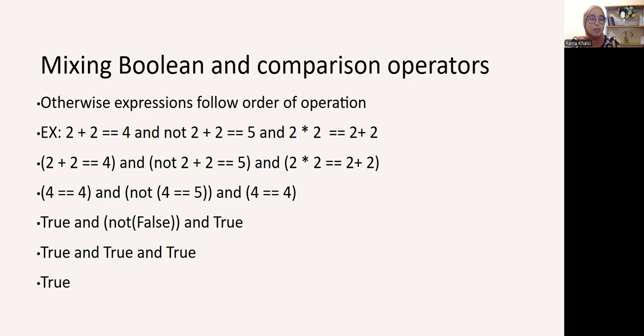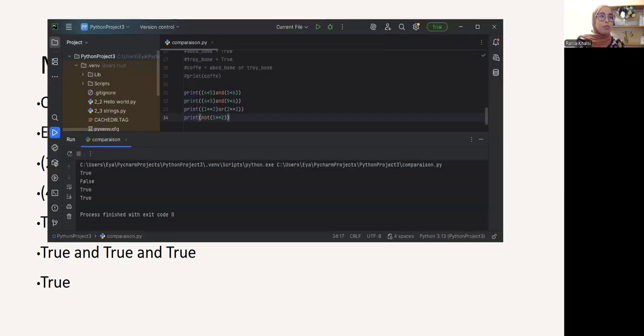I have this example if you want; we can try to print it and see what it gives each time. So 2 plus 2 equals 4, and not 2 plus 2 equals 4, and 2. We will go for this one.